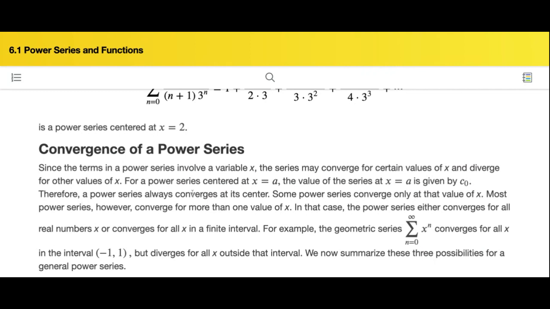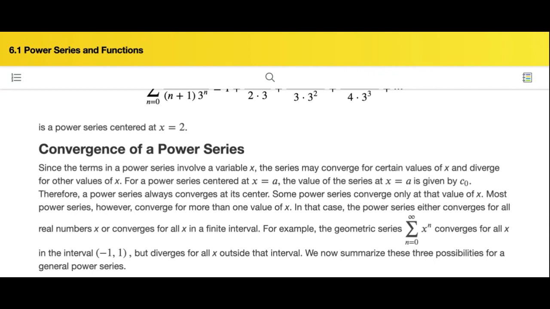Therefore, a power series always converges at its center, of course. You just get a constant number for the whole series. So a power series always converges at its center.